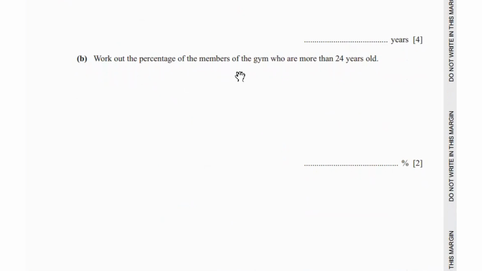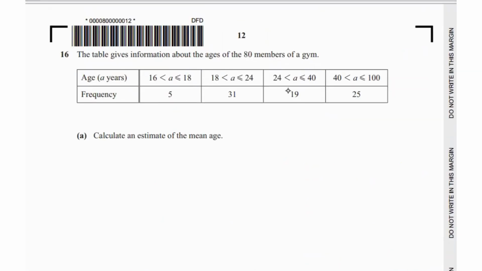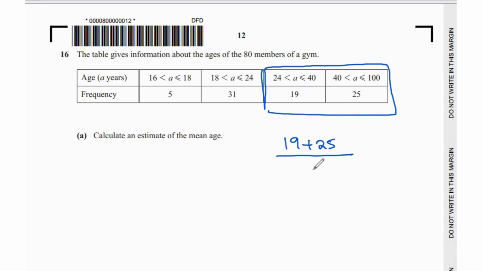And work out the percentage of the members of the gym who are more than 24 years old. More than 24 years old are these ones. So 19 plus 25 over 80 times 100. That's going to give us 55. So 55% of the people are more than 24 years old.